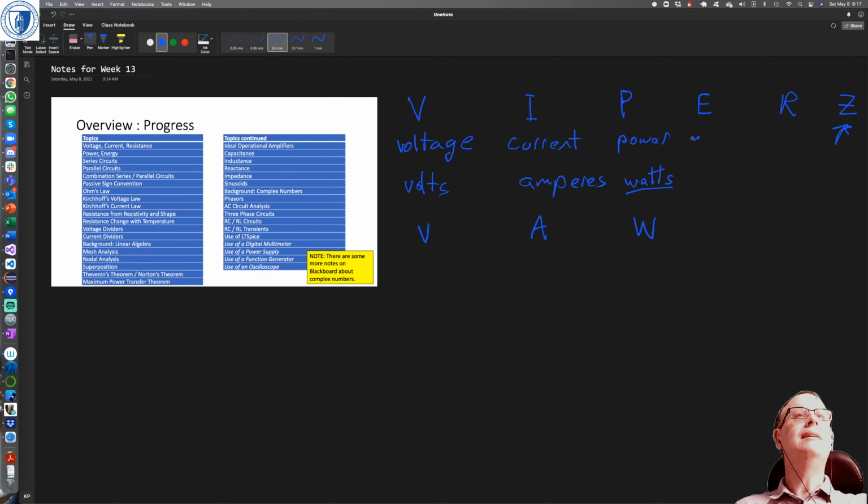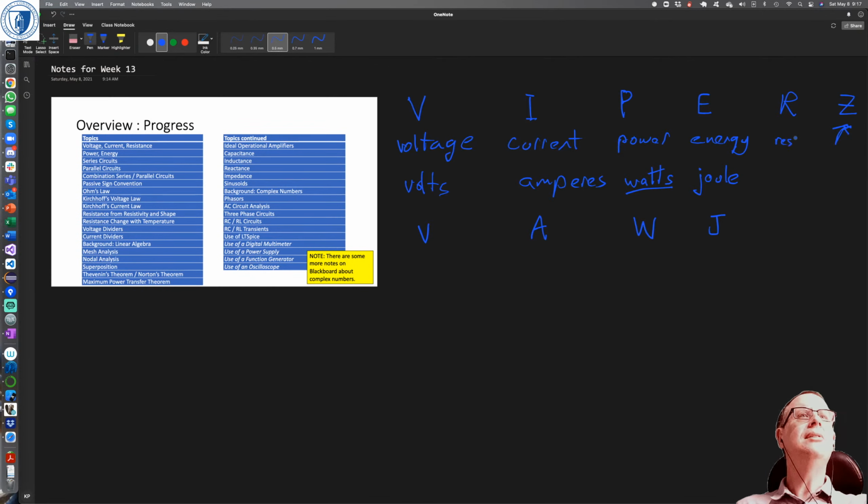Right? E is energy, and the unit, it's an SI unit, right? So most of the units I'm using are international standard units, and that's a joule for energy, and capital J is the symbol.